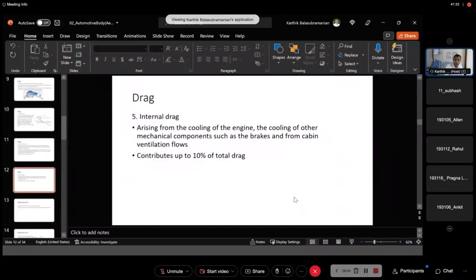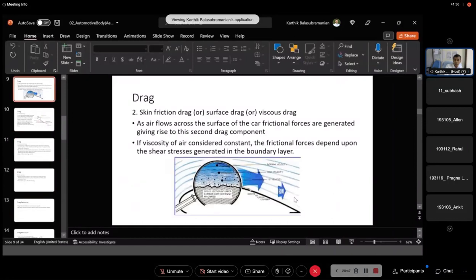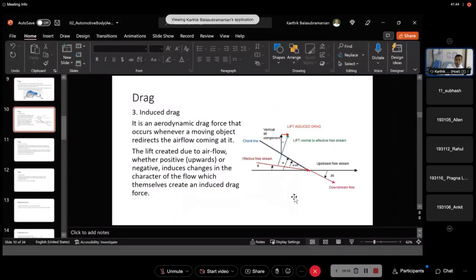Skin friction drag is due to the surface properties of the automobile. Form drag is due to the shape of the automobile. Induced drag is because a lift is induced. When the vehicle is moving, sometimes a lift can be induced, and the horizontal component of the lift is called induced drag.